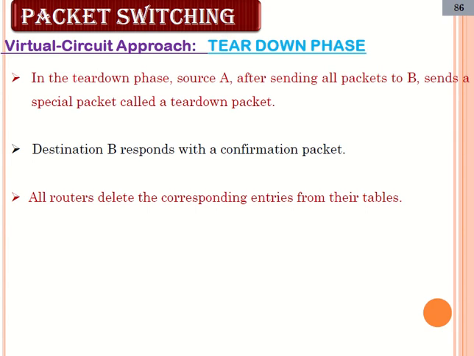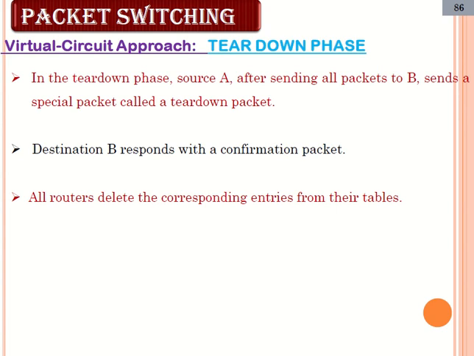We have also learned the different types of addressing methods used in the network layer. We have seen the IPv4 addressing scheme, how it can be written and how it can be used in assigning addresses.